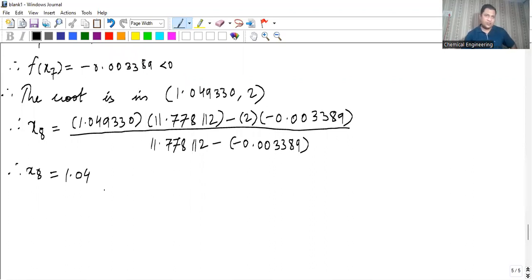So next iteration, what is the value you are getting here? I hope here you should get the value.